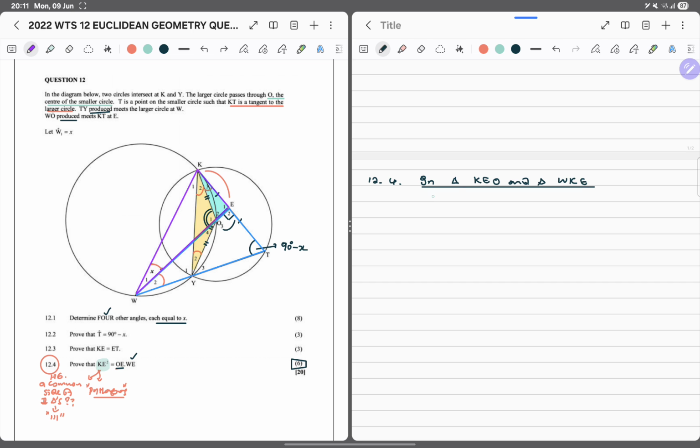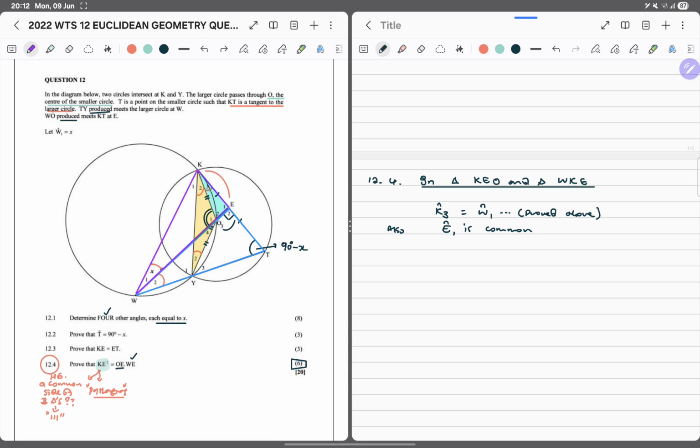Now what do we want to say? From the small triangle, we know that K3 is equal to W1. This is proved above, right? Also, we know that angle E1 is common to both triangles.